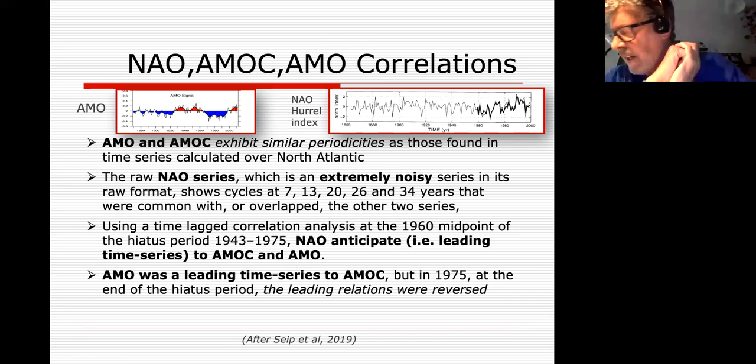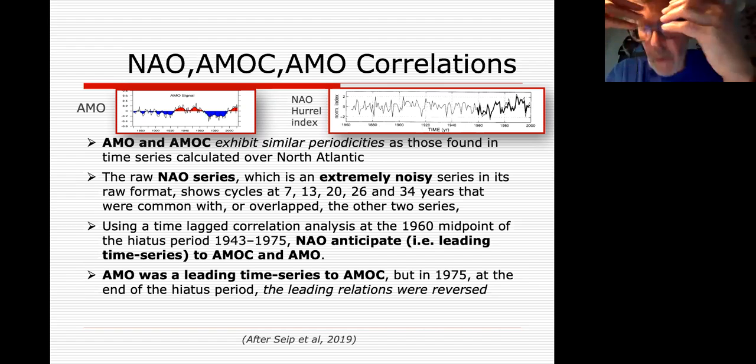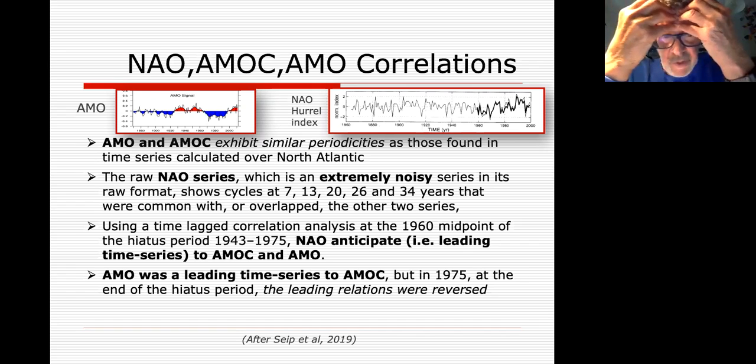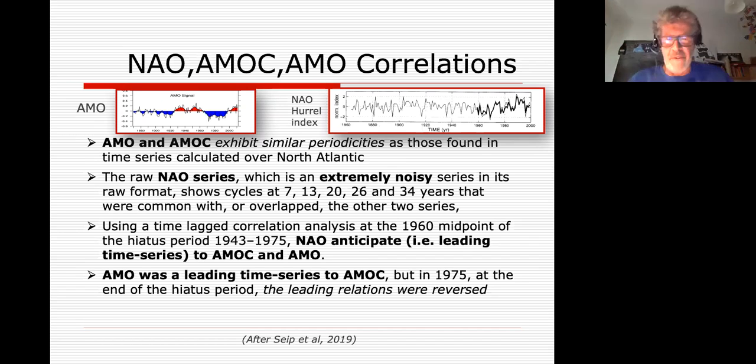But if you look at the power spectrum, you can identify cycles of 7, 13, 20, 26, and 34 years. They are overlapped, and so this is the almost white noise that you can find here, typical of the atmospheric processes. So you have almost all the scales of the decadal variability included in the NAO time series.